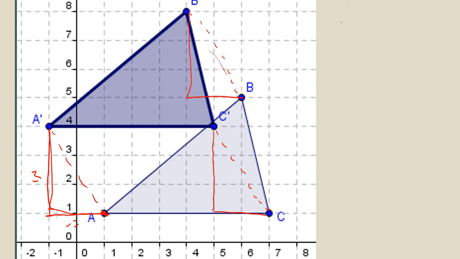So what I say is that the translation of my x value going to the left 2, my y value going up 3, that's a bracket like that, that's my translation of triangle ABC.